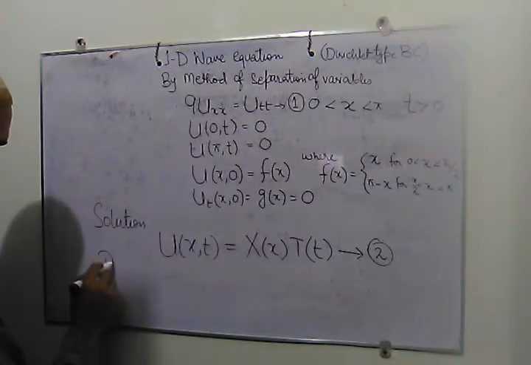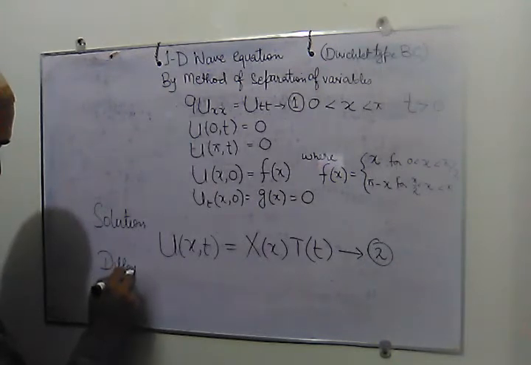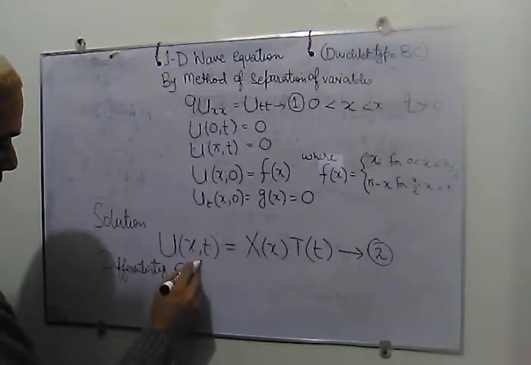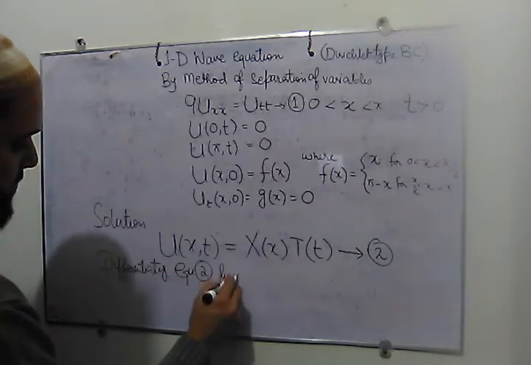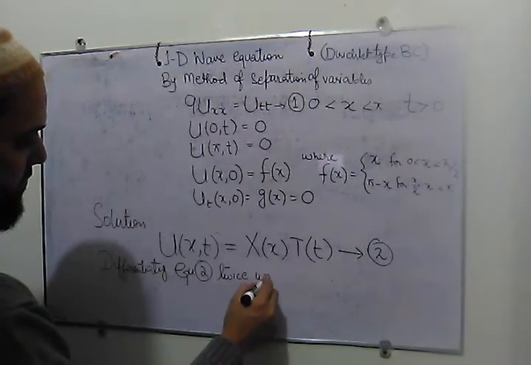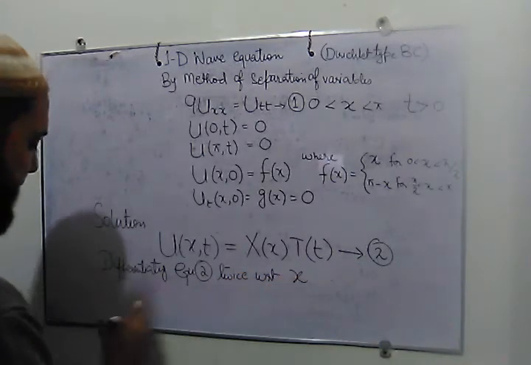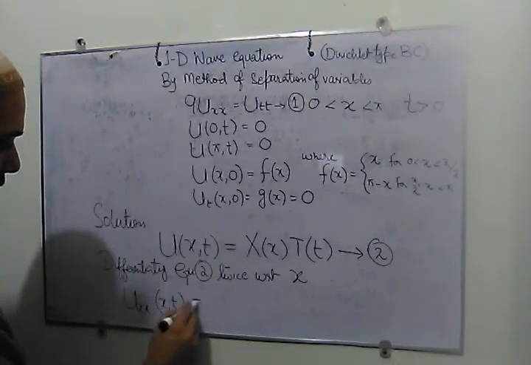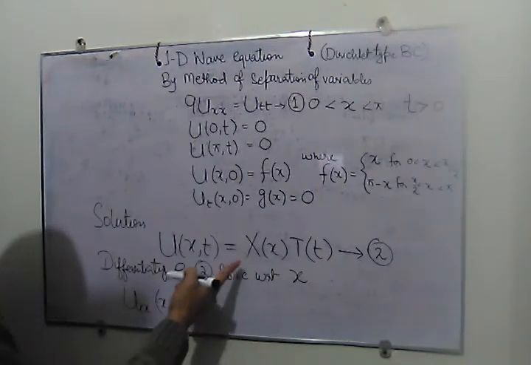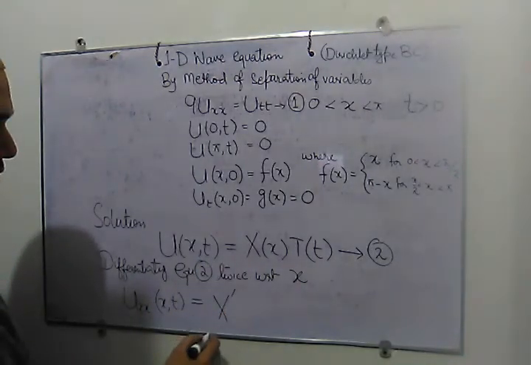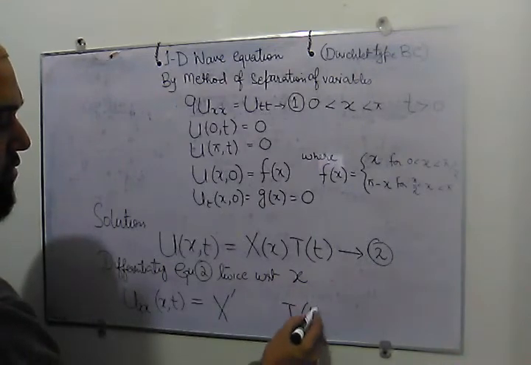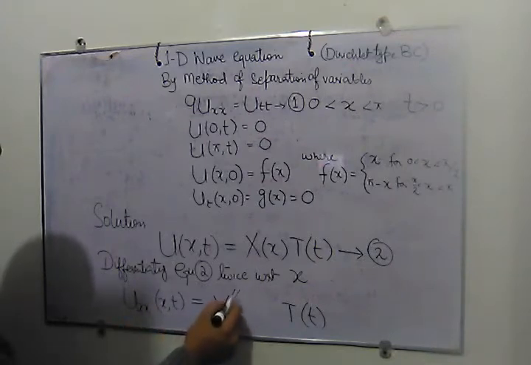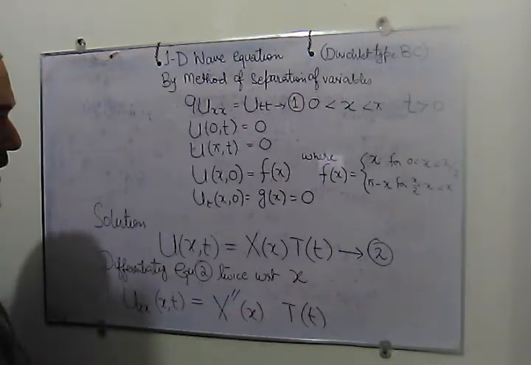So with respect to x we get u_xx. If we first differentiate with respect to x, we get X prime, and T will remain constant, so there is no differentiation for T. If we differentiate again, we get X double prime.